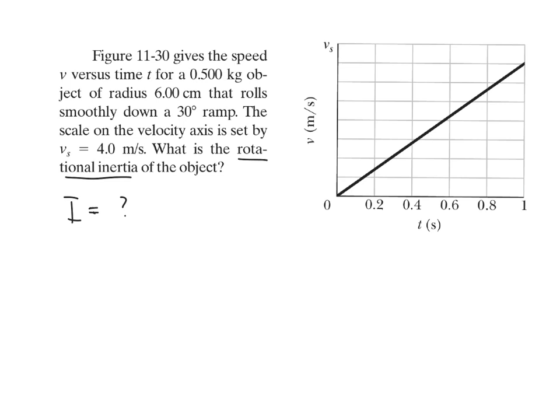But we don't have a lot of information, so let's figure out what we can actually do with this. We're told that the mass is 0.5 kilograms. The radius of the object is 6 centimeters, or 0.06 meters. The angle it's sliding down is a 30-degree ramp.